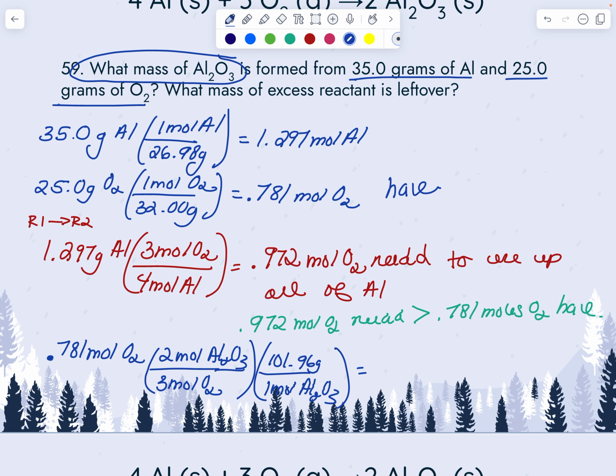So that means I will be able to make 53.1 grams of aluminum oxide. Because after I make 53.1 grams of aluminum oxide, my oxygen will run out and the reaction will stop. And I will have some aluminum left over this time.